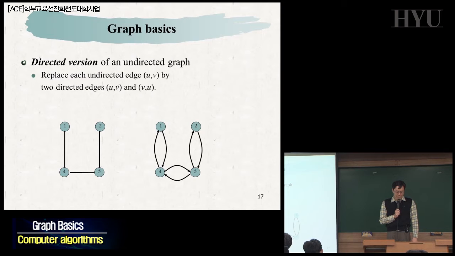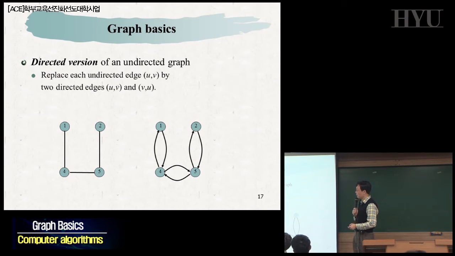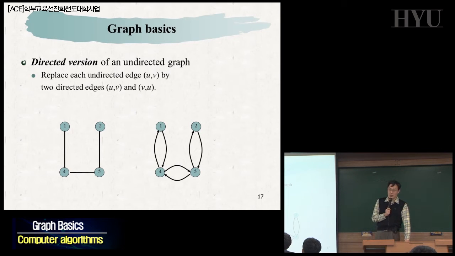And let's consider a directed version of an undirected graph. This is an undirected graph. If we replace each undirected edge by 2 distinct bidirectional edges, then it is a directed version of the original graph.